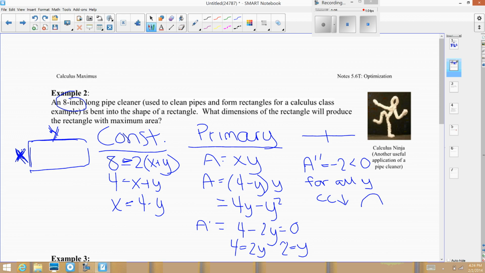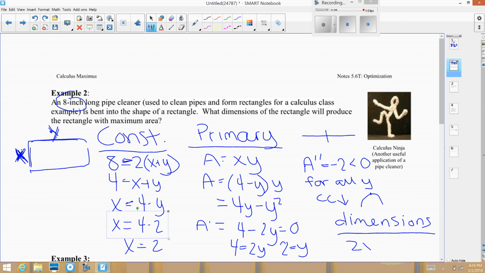So that means we're going to have a maximum there. All right, and so now let's find our x value. 4 minus 2, x equals 2. So what dimensions of the rectangle will produce the maximum area? It's going to have to be a 2 by 2 inch rectangle.